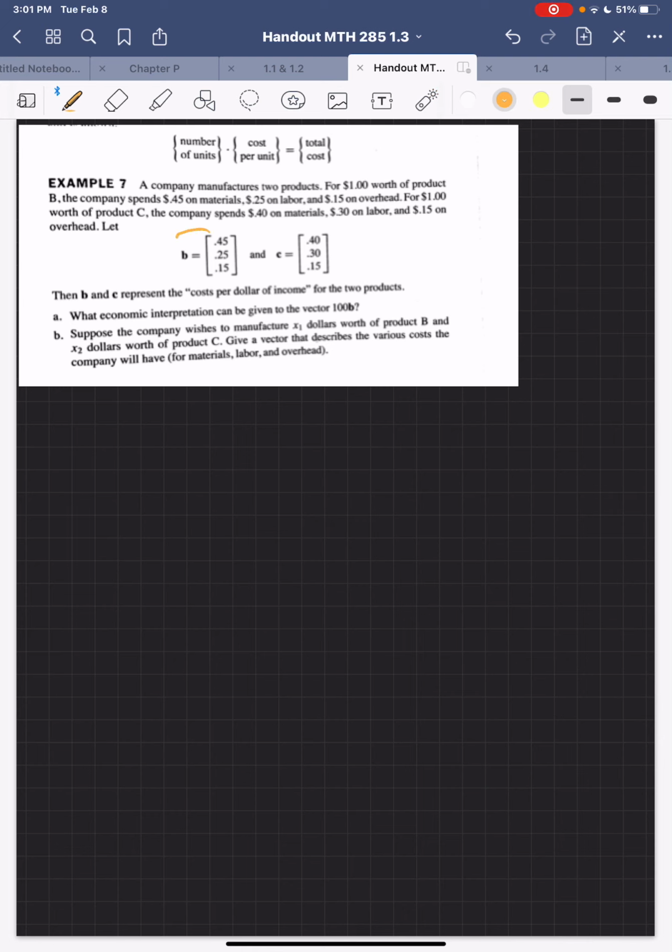So I'm going to rewrite this. Remember, vector B is some product that you make. Now, it costs money to make this product. For product B, it costs 45 cents for material, 25 cents for labor, and 15 cents for overhead.